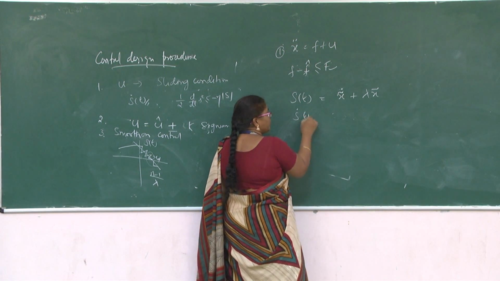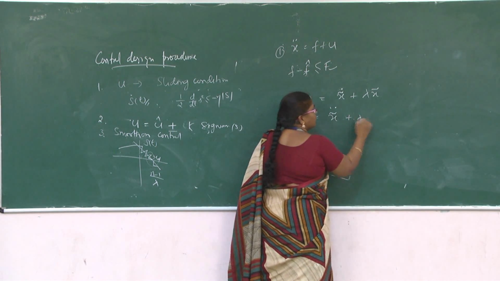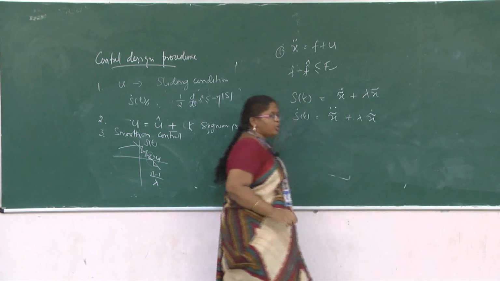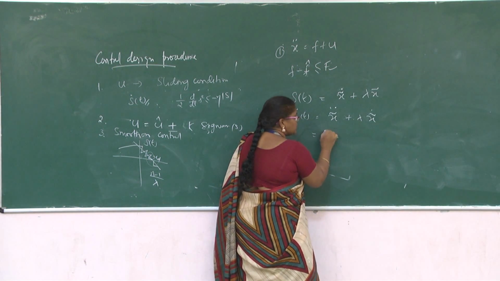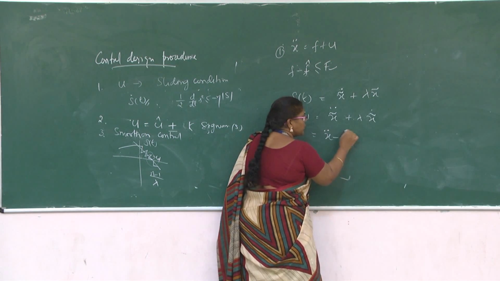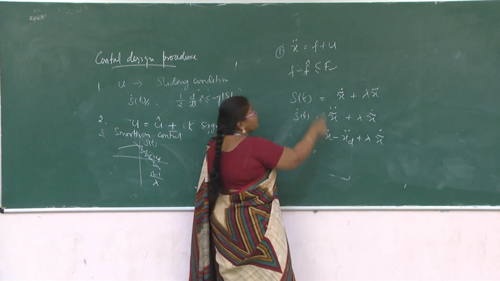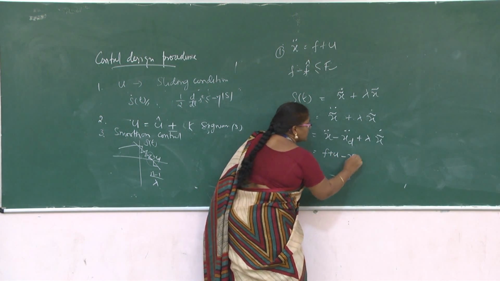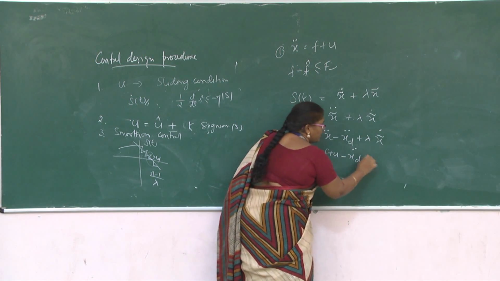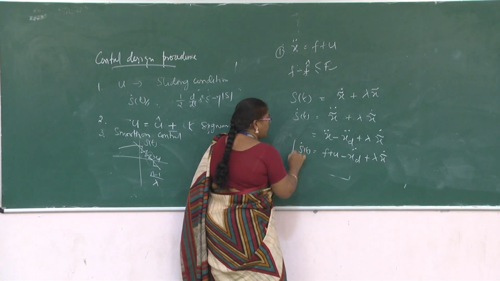So s dot of t is equivalent to x bar double dot plus lambda x bar dot, and this x bar double dot is equivalent to x double dot minus xd double dot, plus lambda into x bar dot, and we already know x dot is f plus u. So f plus u minus xd double dot plus lambda x bar dot. This is my s dot of t.